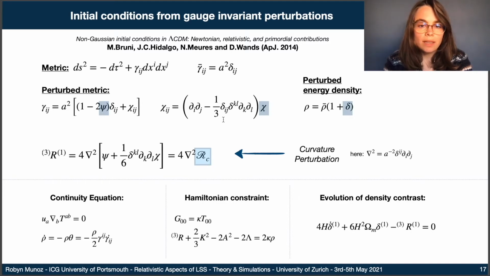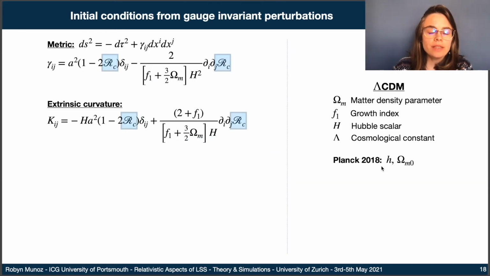Then for psi and chi, the continuity equation and the Hamiltonian constraint are used to express them as a function of R_C. And so now we have the spatial metric expressed up to first order as a function of R_C. We can use that to derive the extrinsic curvature and then also have that defined up to first order.